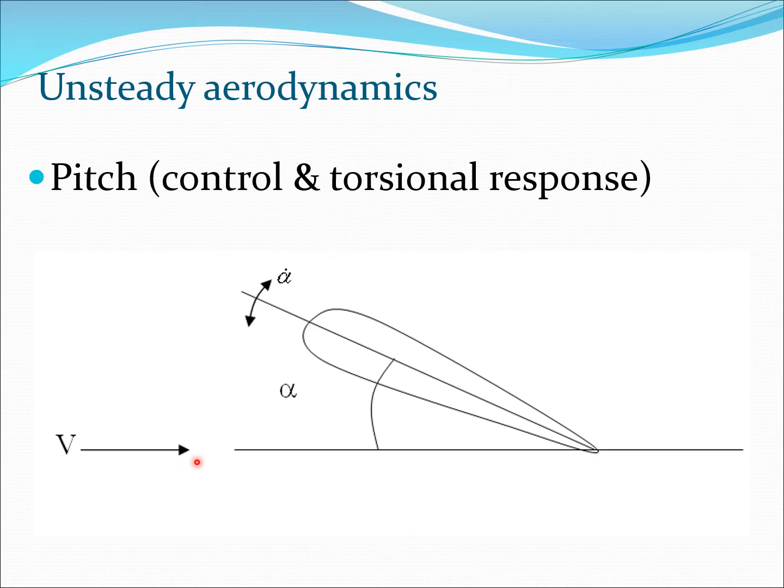Now, what actually happens is that this alpha is a function of time, and in that case, there is the presence of the derivative here. So, essentially, this is going through some kind of vibratory or oscillatory motion, and because of that, you get the unsteadiness, and this primarily comes from pitch. So, it's in the control and torsional response.